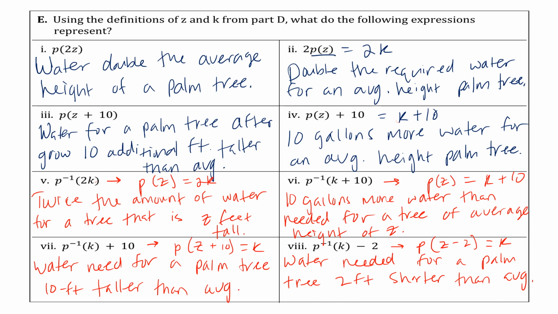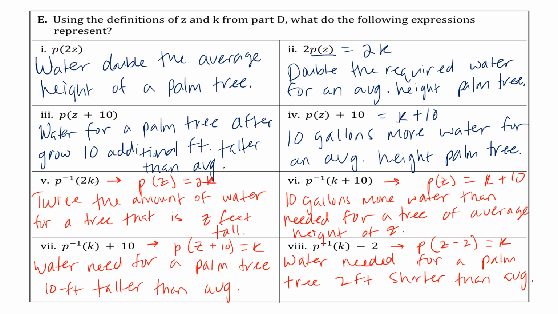It means twice the amount of water for a tree that is z feet tall, because I don't know how tall it is, but that's what it is. Then we continue, and we flipped, reversed, and then explained in words. This is where you do your best to explain, okay? Make sure you are clear. I'm not sure how much they're grading on grammar. Just make sure that it's legible, and for the most part, it makes the majority of the sense.